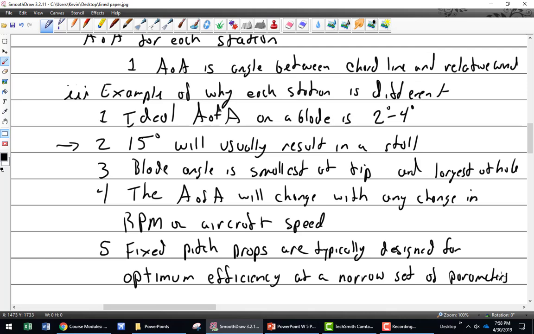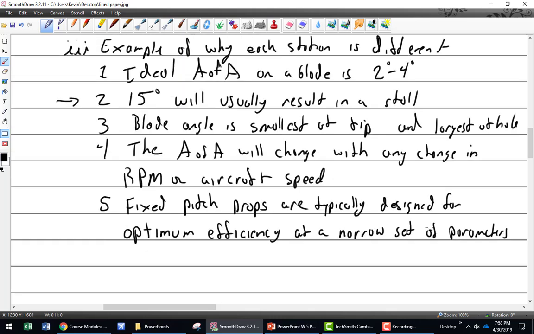It's not that they want that. Shoot, I would love to have a propeller that was optimally efficient at all speeds and all RPMs, but it doesn't work that way. So, what is the ideal angle of attack? 2 to 4 degrees. All right, so I don't have to write that again.